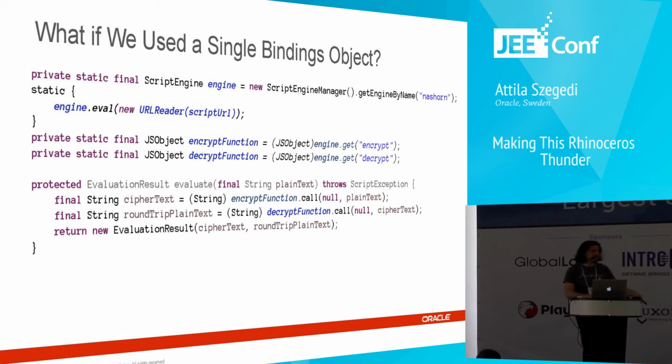You can do it. Here's another version of this crypto program, where the servlet just evaluates the script once into the engine. The engine has a default global variable namespace. And we extract the encrypt function and the decrypt function into static fields. And when we evaluate, we just invoke them. So how fast is this?